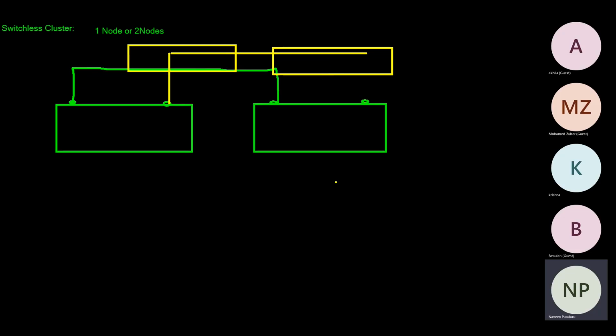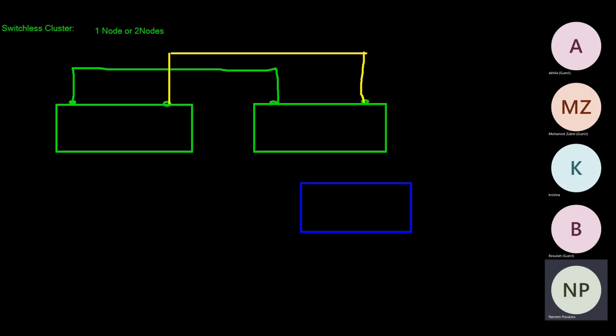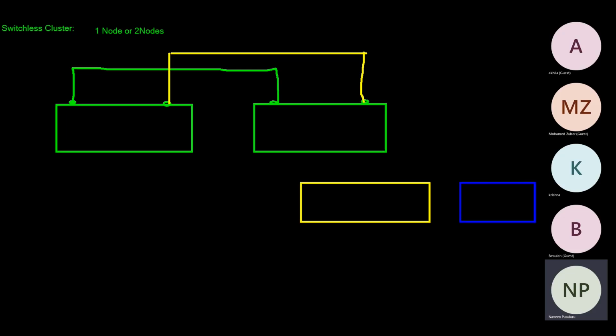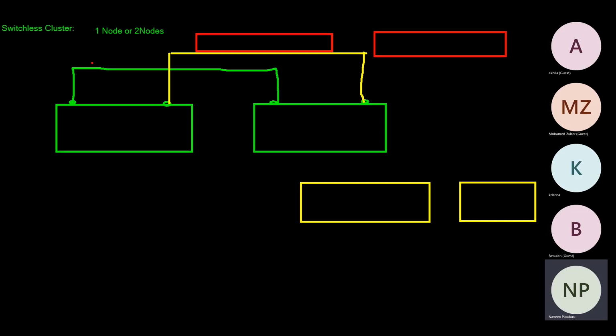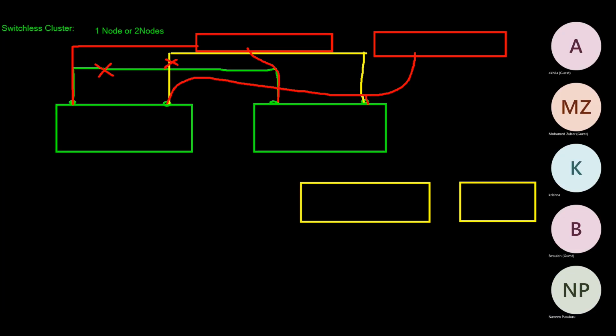But if you configure a switchless cluster and in future you want to add two more nodes, that time you need to purchase switches anyway, and again you need to change the configurations. We need to remove this connection and connect this cable to switch 1. Once we make sure that this connection is working, we remove the second connection and connect it to switch 2.